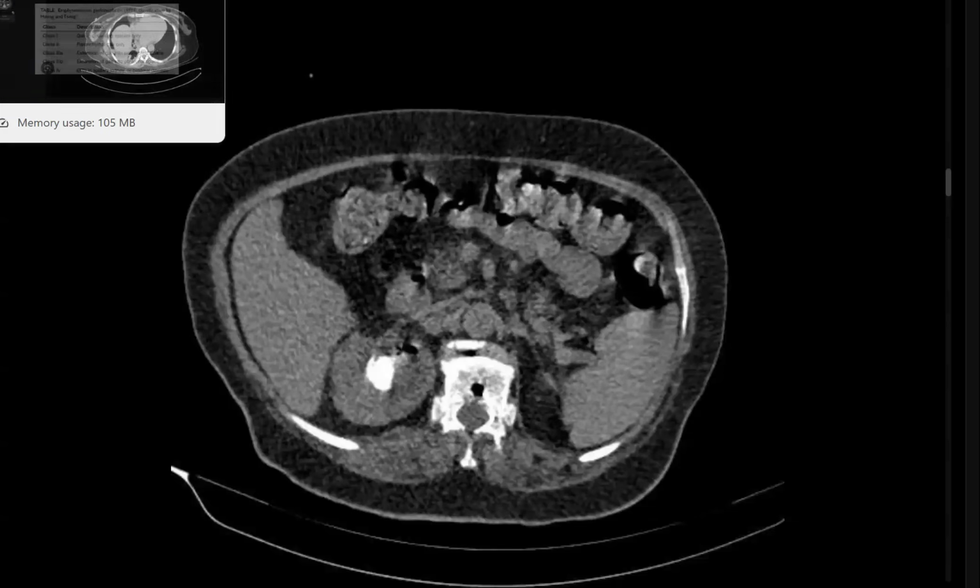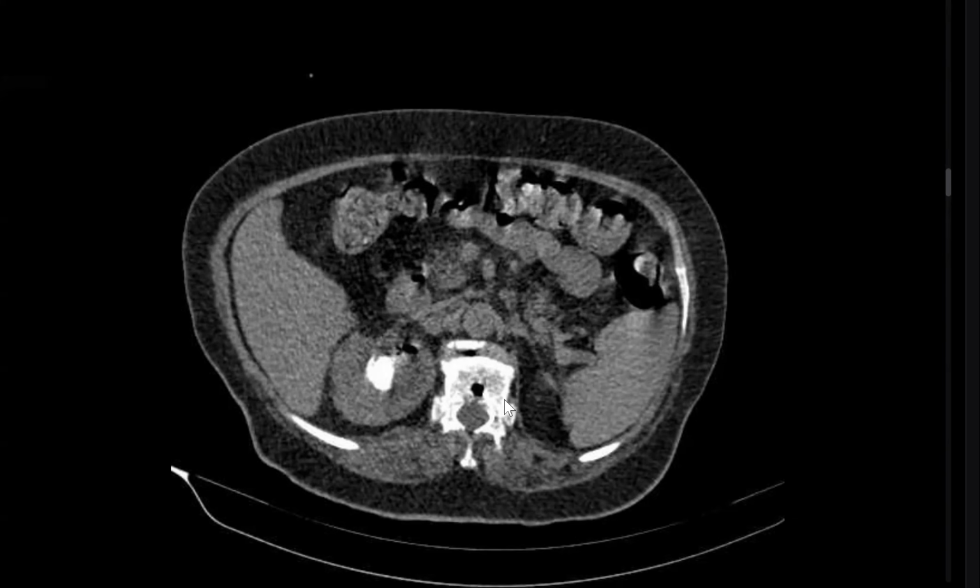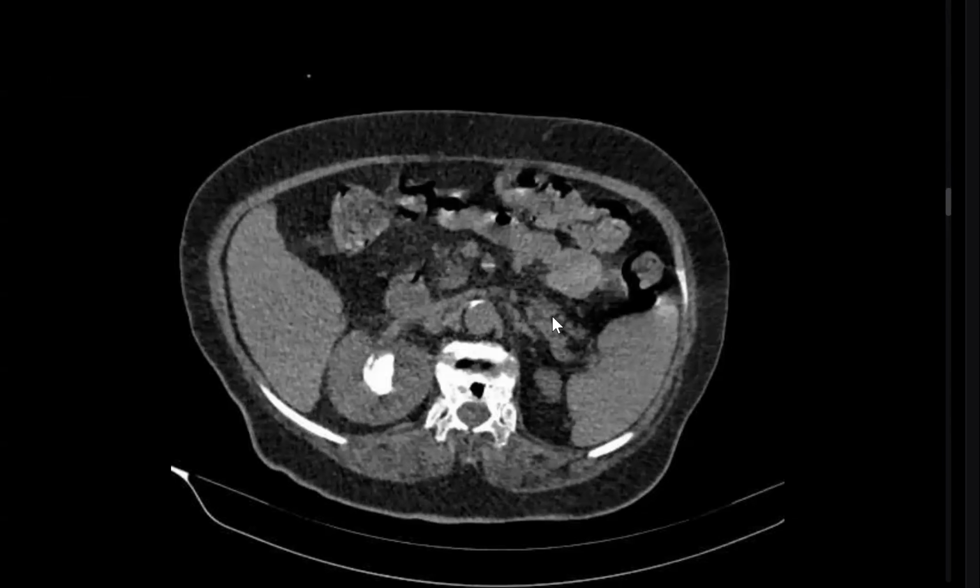The air will be around minus 1,000, and the fat will be minus 30 to minus 100. Yes, okay. But air is a couple of hundreds or more negative, around minus 1,000.